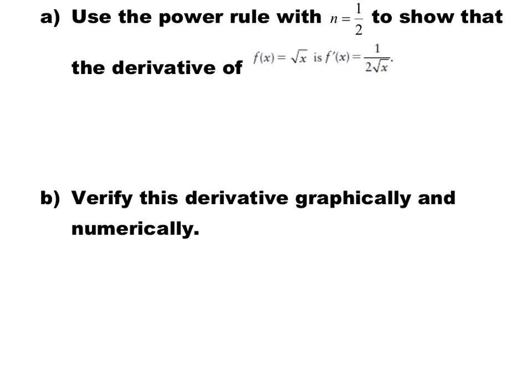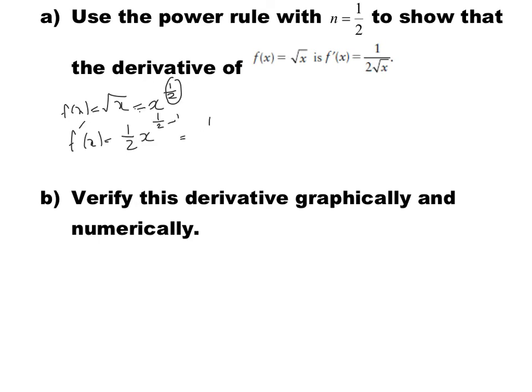In the next example, f of x is the square root of x, and we have to show that f prime of x is equal to 1 over 2 square root of x. I can write f of x, which is the square root of x, exactly like x exponent 1 over 2. By the rule that we just proved previously, I can find the derivative by bringing down the power, which is 1 over 2, and then subtracting 1 from the power.